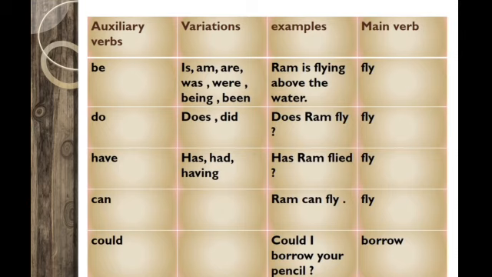The main verb is fly. Do, does: Does Ram fly? Main verb, fly. Have, has, had, having: Has Ram flown? Again main verb, fly. Only tenses are changing, you can see over here. Can: Ram can fly. Fly is a main verb. Could I borrow your pencil? Borrow is a main verb.